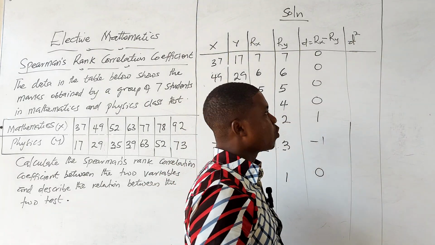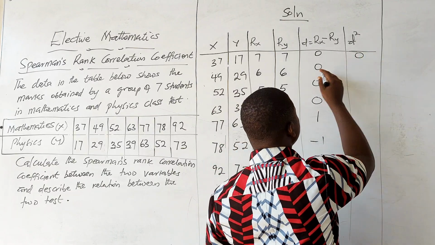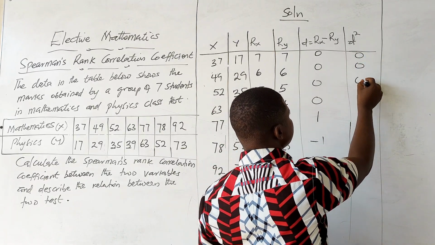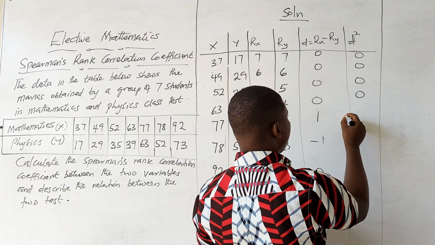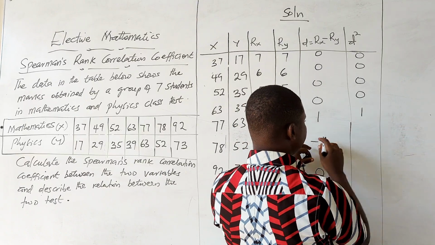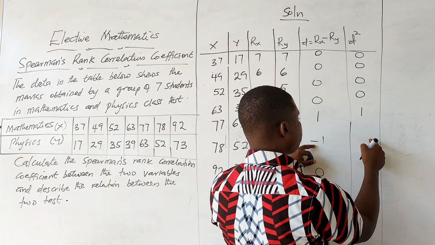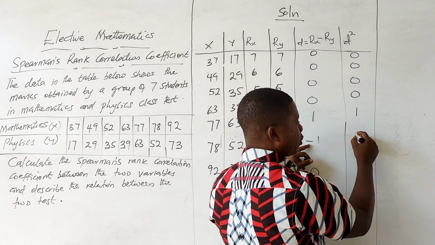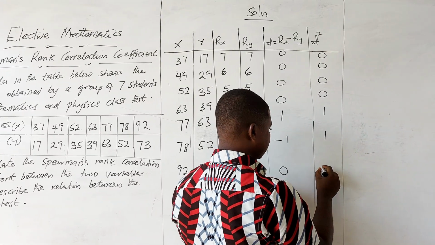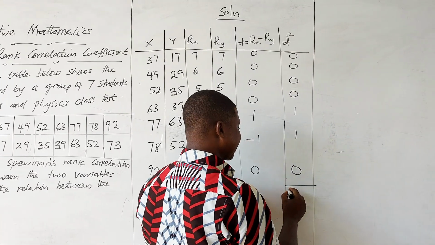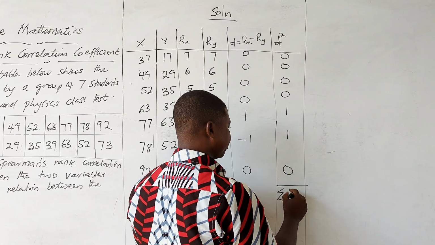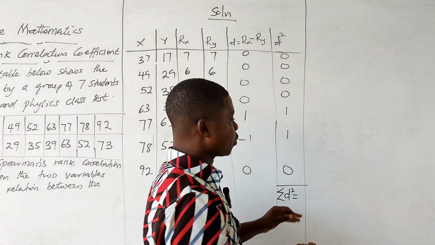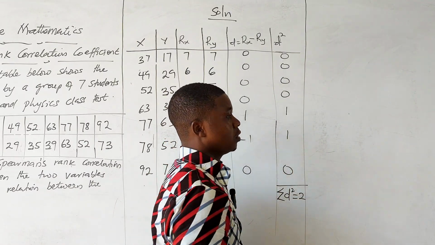Then we need d squared. So d squared is 0, 0, 0, 0. 1 squared is 1. Then negative 1 squared, also 1. Then 0, 0. We need the summation of d squared. Summing the d squared, you're going to get 2.